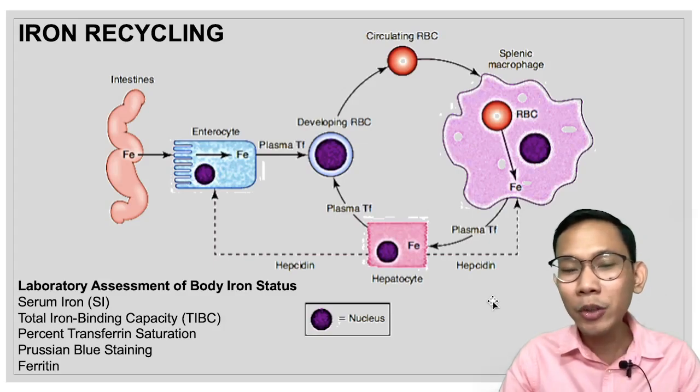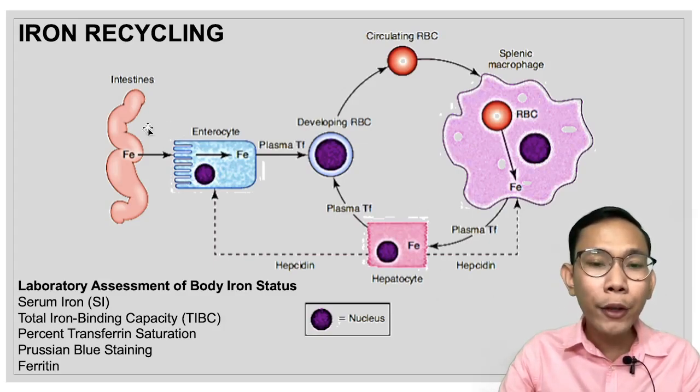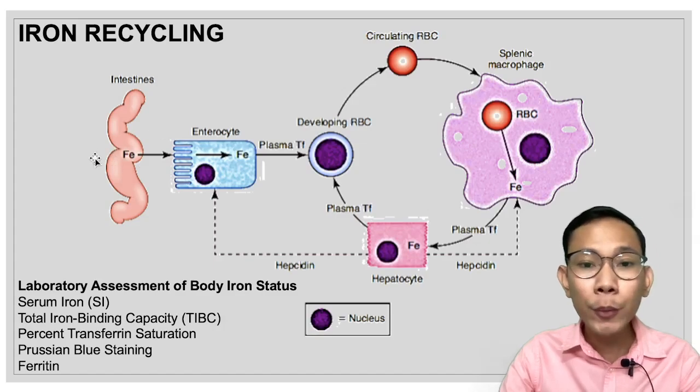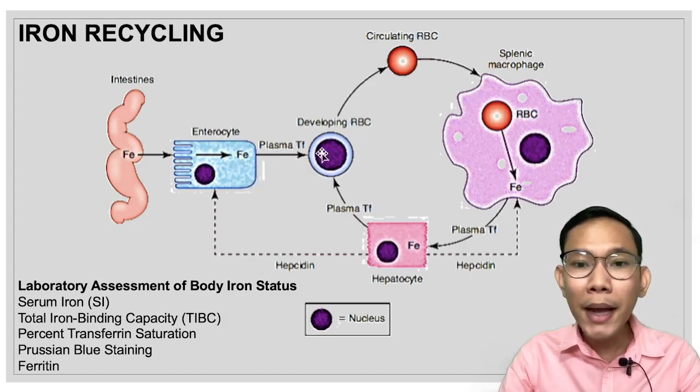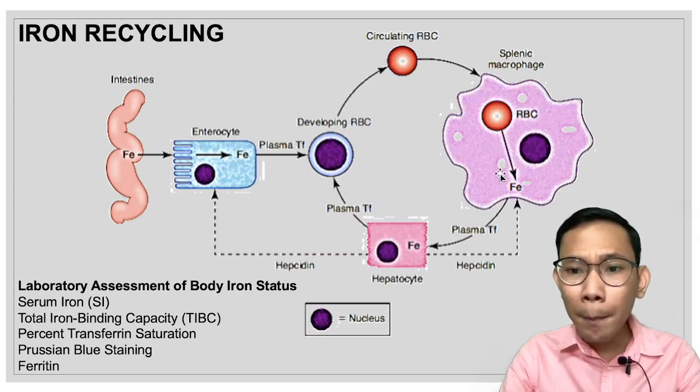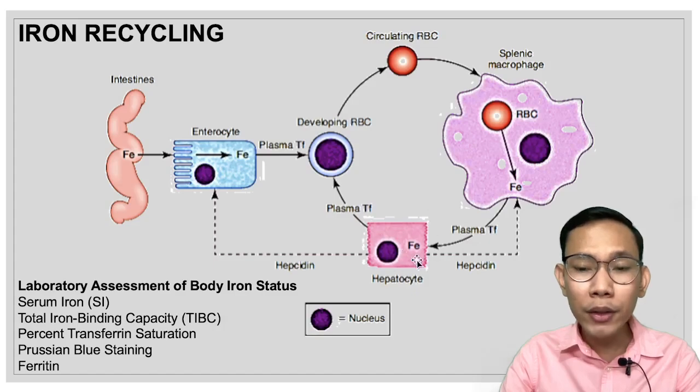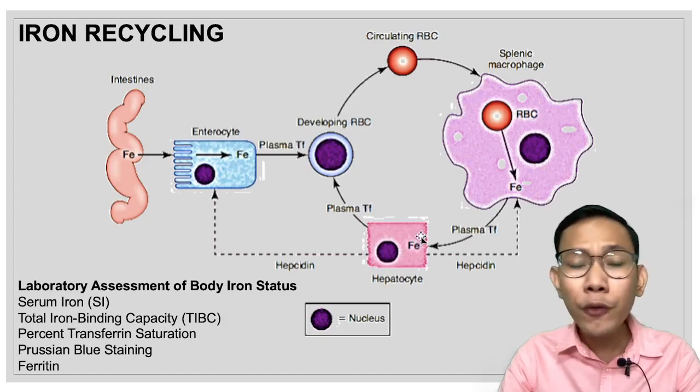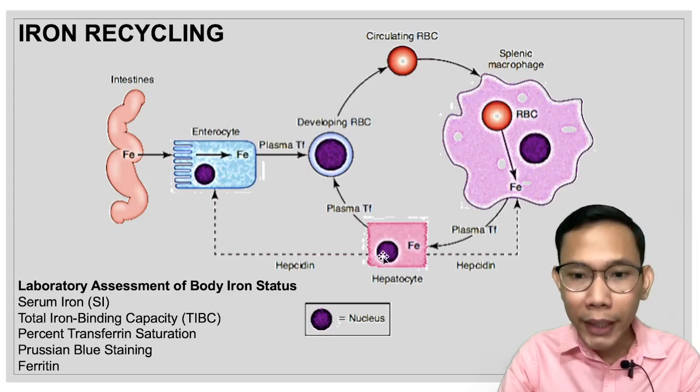Again, let's repeat, it's a bit confusing. Once your iron is inside your intestine, it is absorbed by our enterocyte, and then enters our developing RBC. Then the RBC now has iron. Once your RBC becomes senescent, our iron is liberated. Our iron can be transferred by our transferrin to our hepatocyte, and it becomes a storage form of your iron as your ferritin.